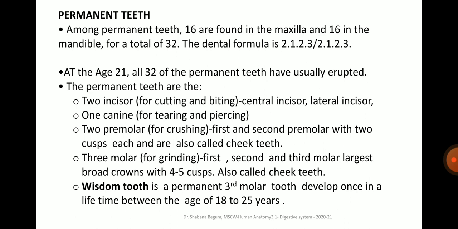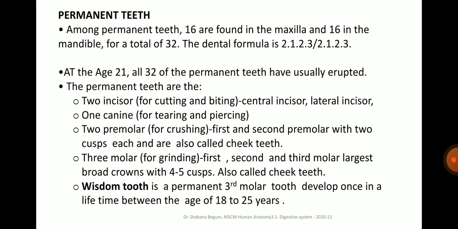The premolars are bicuspid teeth, have almost circular crowns with two cusps for grinding food. And each of them are called cheek teeth.